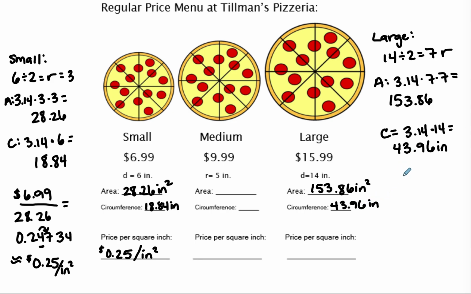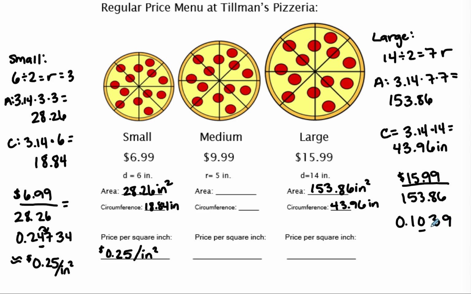And then price per square inch, we've got $15.99 divided by the area, 153.86. For that one, we get 0.1039.